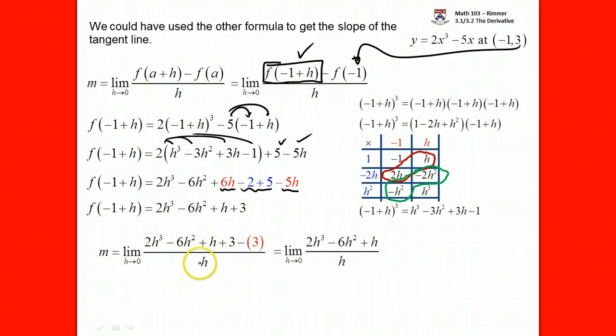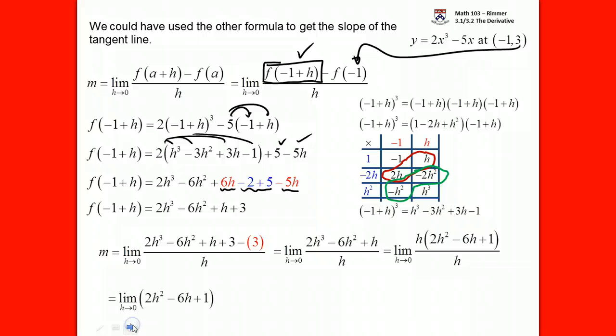Because you're supposed to be able to cancel this h. The only way you're going to cancel an h is if everyone in the numerator has an h. And so you know you've done it right when these two cancel here. And now you factor out the h and cancel. Immediately plug in the fact that now h is 0, and you get the value of 1.